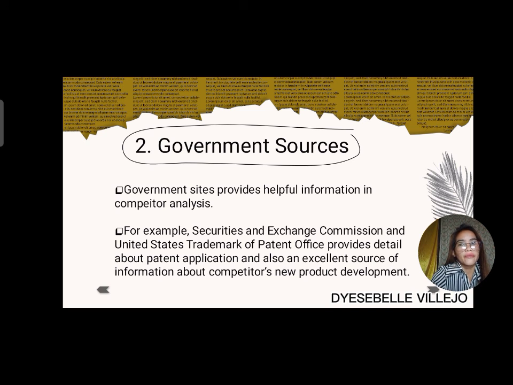So for example, ang ato ang competitor nag-apply siya og kanang patent, or kanang para na share rights sa product or service baka. So dito pa lang, maghatag na og information ang kaning government sources.